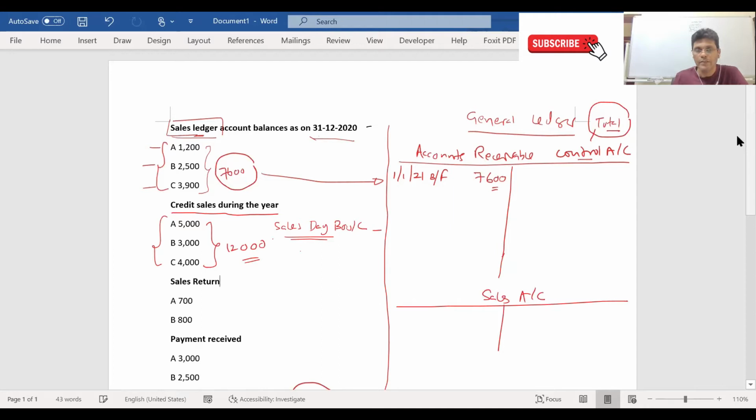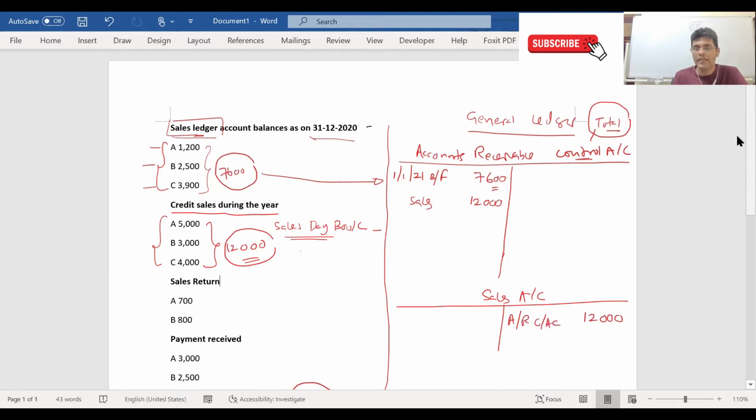So the total is 12,000. You debit the total to the control account, the total debtors account, and the sales account should be credited 12,000.